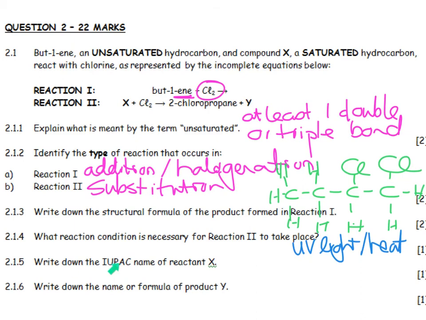Write down the IUPAC name for this X. Well, before I put the chloro on, I needed to have had some other sort of propane, and maybe I just had plain propane over there. If I have plain propane, I would have had hydrogen come off as a product.